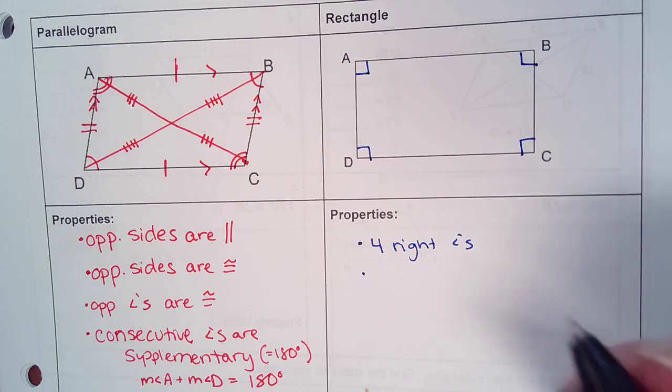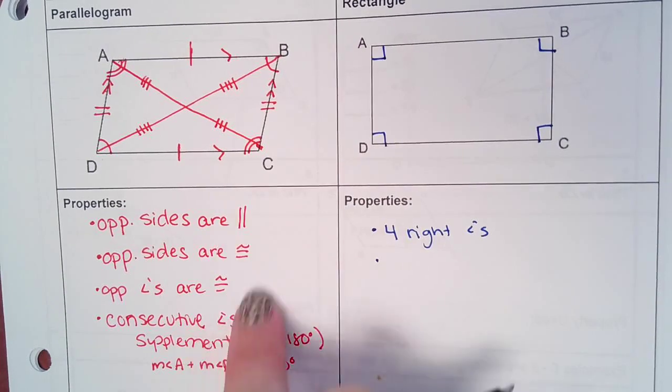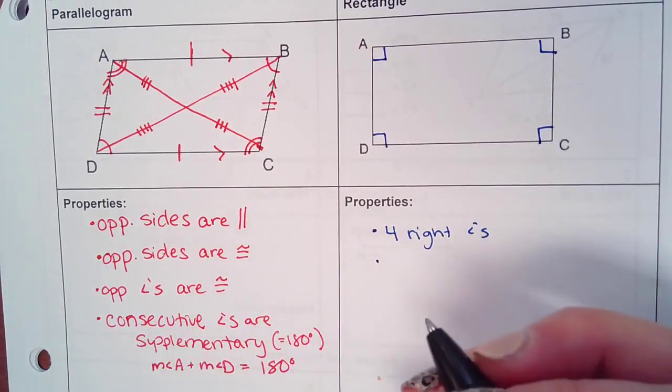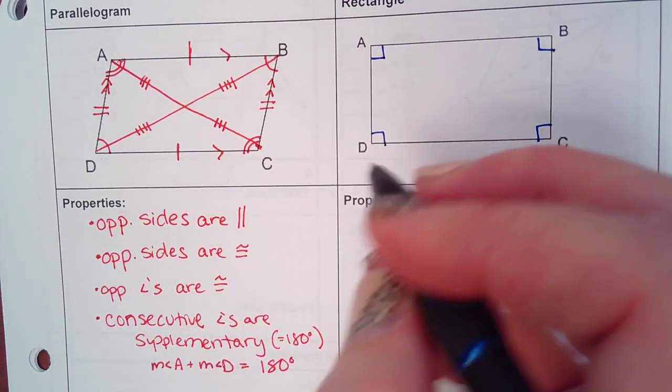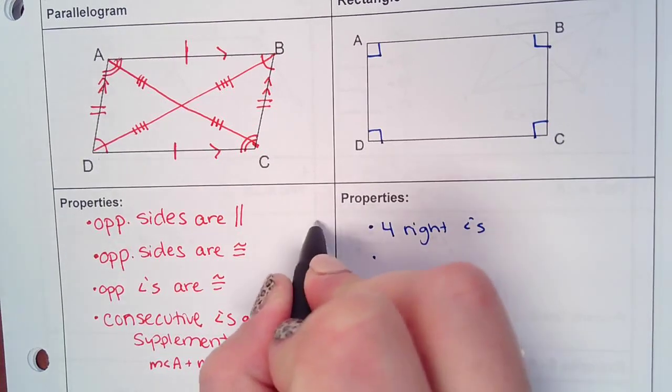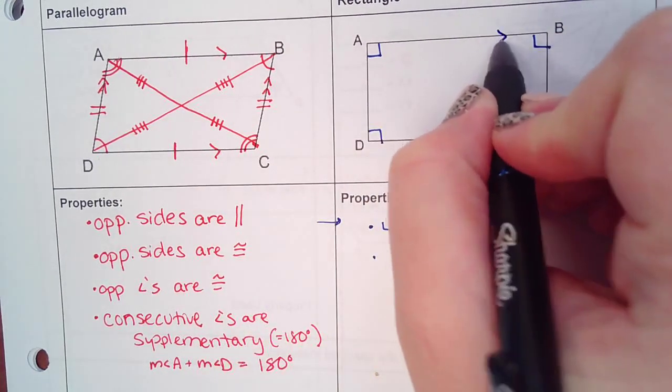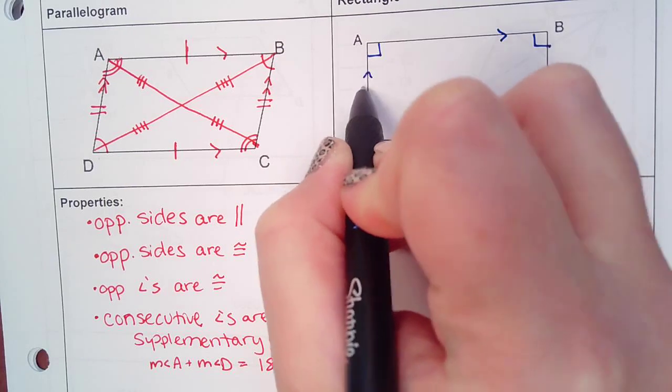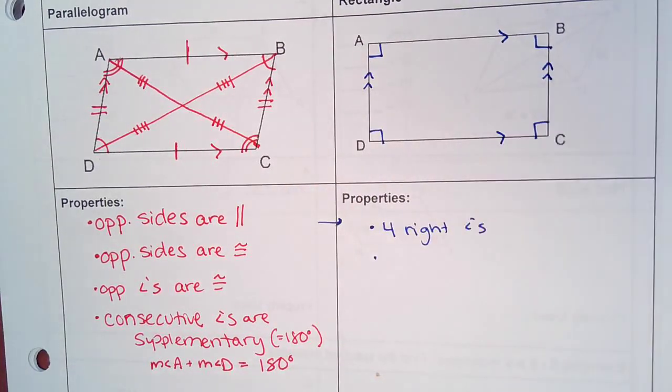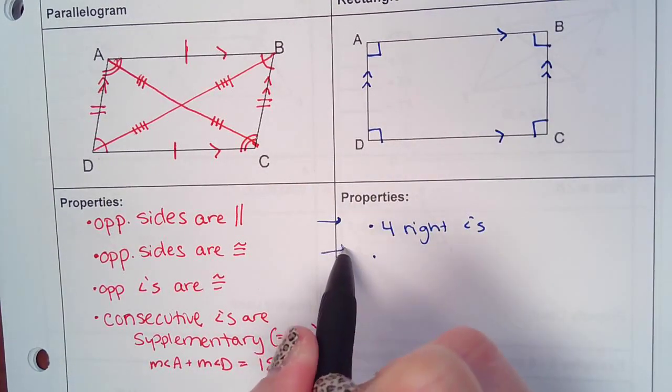Okay, then the diagonals, so it has all of the properties that a parallelogram has. So it has that the opposite sides are parallel. So parallel, parallel, parallel, parallel. It has that the opposite sides are congruent.